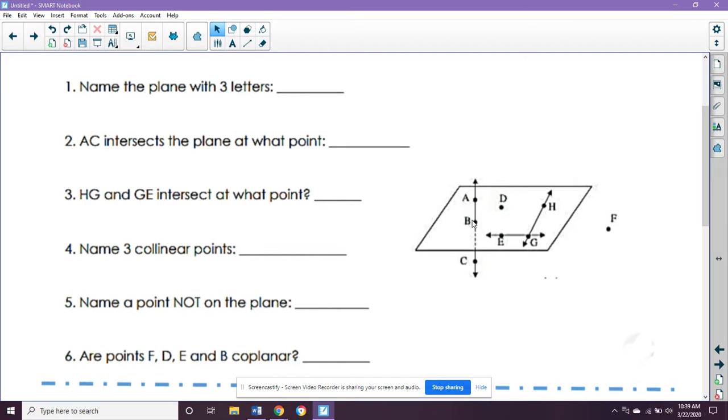So we have the letters A, B, D, E, G, and H. Any 3 letters there we can name to make it. So let's just say 3 of them to make it would be A, B, E.